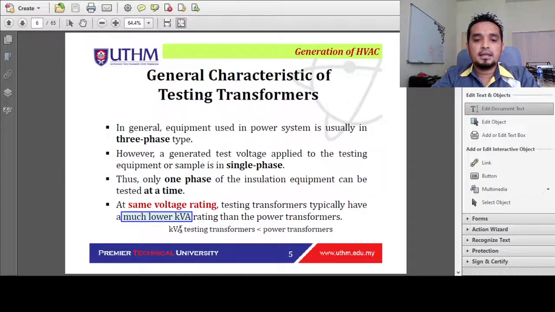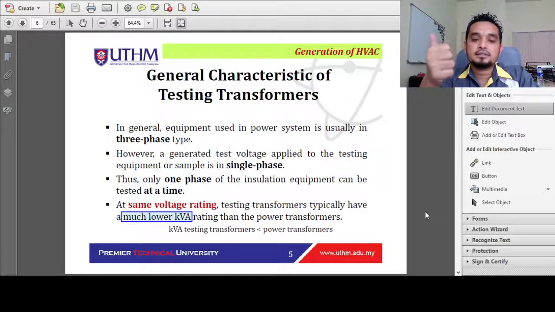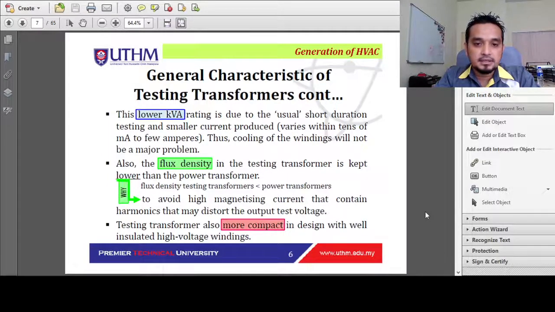So why do we have a much lower kVA for the testing transformer at the same voltage rating? One of the reasons is that for testing purposes we are not going to use the transformer for a very long period of time.